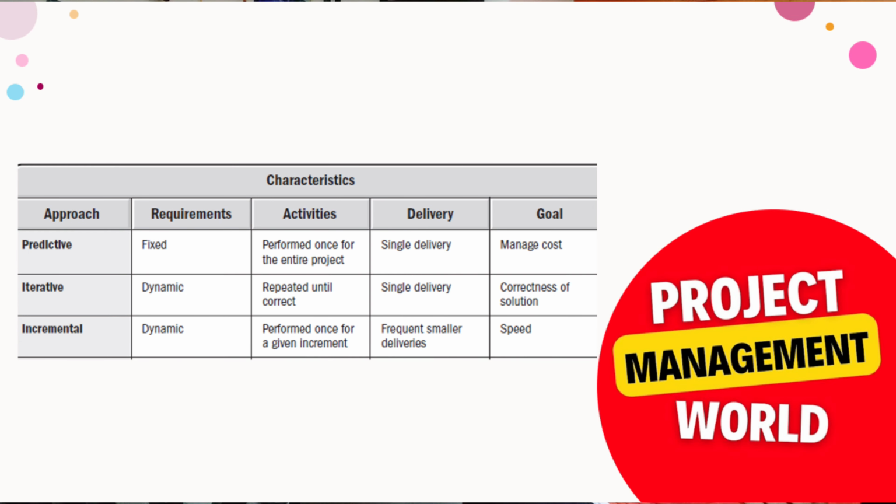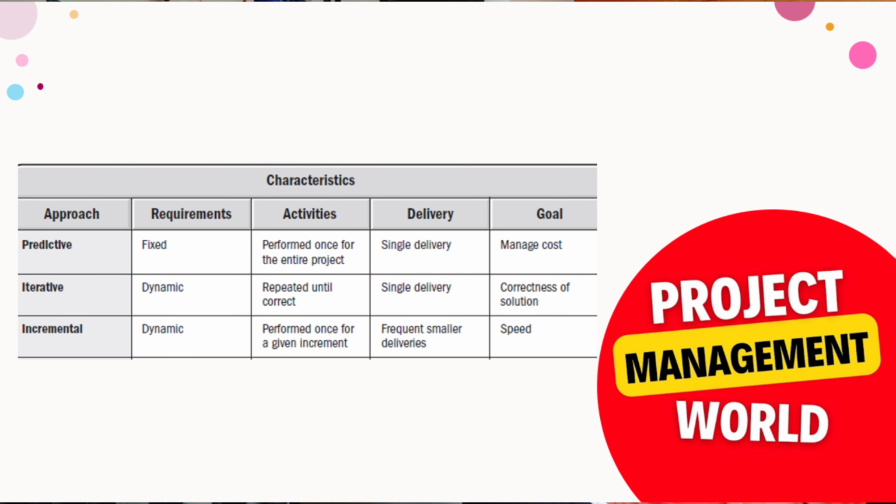Now the characteristics. Predictive is also there, but we will discuss iterative and incremental here. These are divided into 4 categories: requirements, activities, delivery, and goal. For both, requirements are dynamic. For activities, iterative is repeated until correct, so we take feedback, refine the product, and then release in one go.